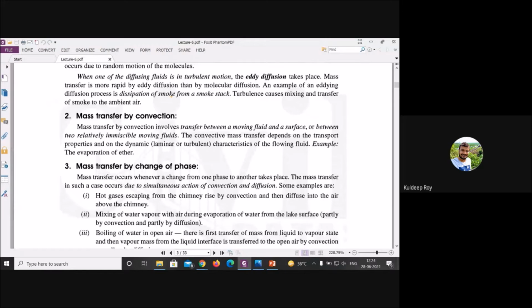If you have one pipe, and you are claiming the fluid is moving with velocity v, then if somebody is claiming that there is a mass transfer happening inside your tube, how will you approach it? There are two possibilities.